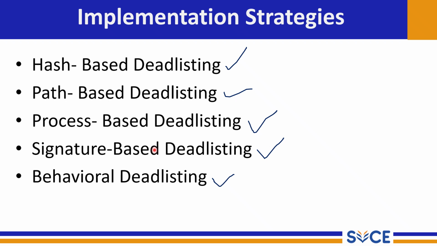This method excludes files or directories based on their file path. For example, temporary directories or log files that are unlikely to contain malware can be dead listed. And next, process-based dead listing: certain processes, such as system processes or trusted applications, can be excluded from monitoring, and this prevents the anti-malware engine from interfering with their normal operation.